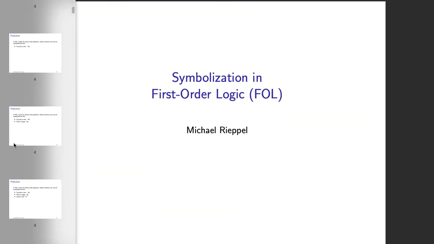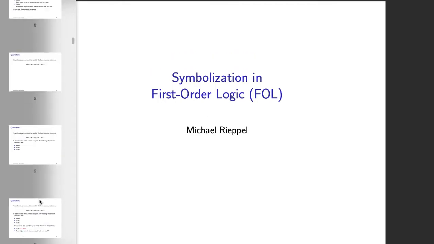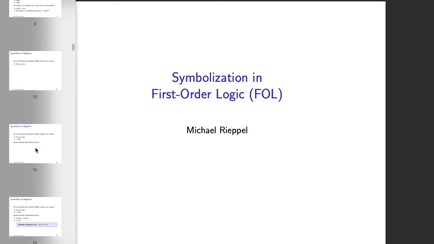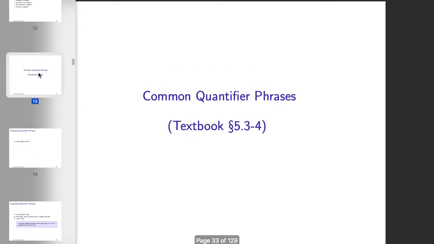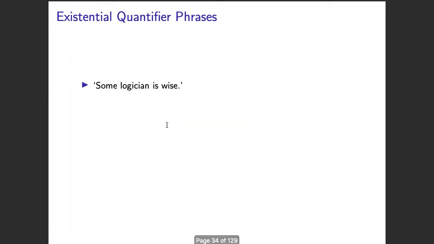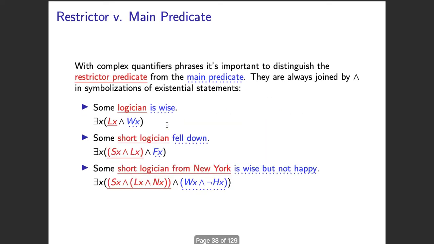So we left off last time by looking at how to symbolize things in first order logic with quantifier phrases, and specifically existential quantifier phrases. This is material from the textbook in section 5.3 to 5.4.